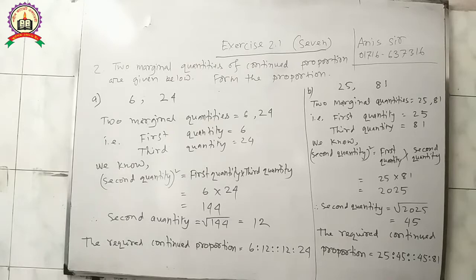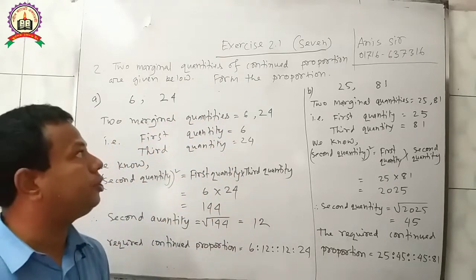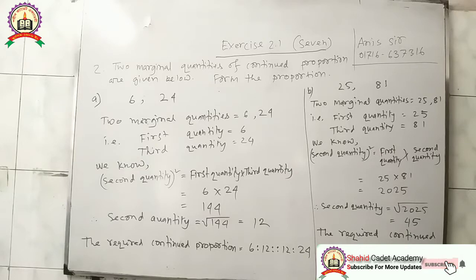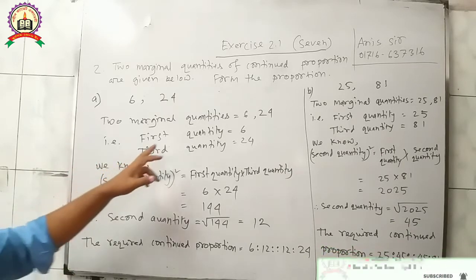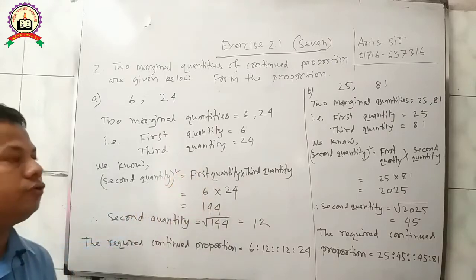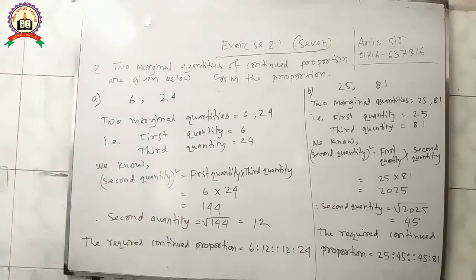We have already known that there are three quantities in continued proportion. So we have the first quantity and the third quantity, and we have to find the second quantity.